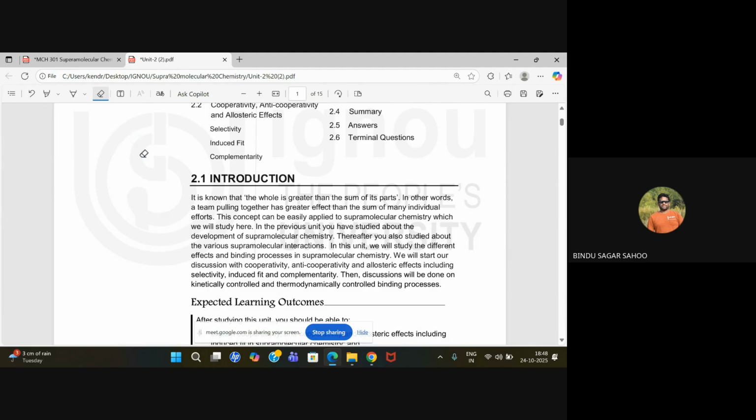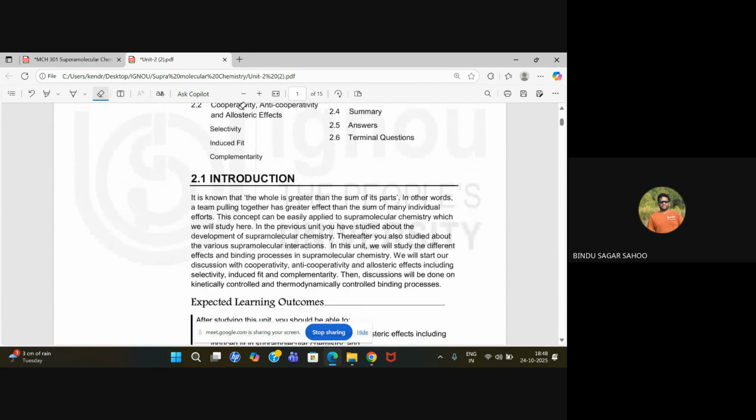The cooperative effect is described as follows: the whole is greater than the sum of its parts. In other words, a team pulling together has a greater effect than the sum of many individual efforts. This is called the cooperative effect. These two sentences are very important.